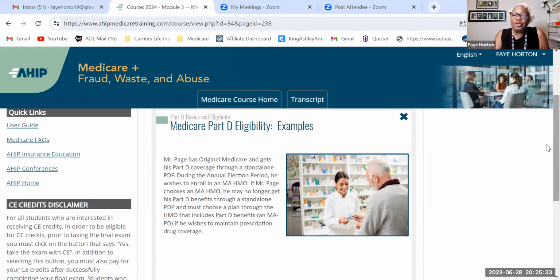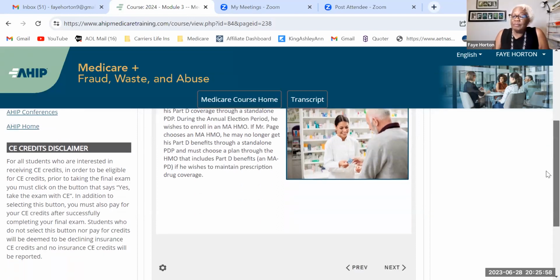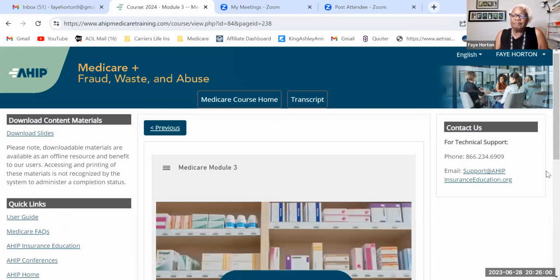If Mr. Page chooses the Medicare Advantage HMO, he may no longer get his Part D benefits through a standalone prescription drug plan and must choose a plan through the HMO that includes Part D benefits, an MAPD plan, if he wishes to maintain prescription drug coverage. Are there any questions so far?